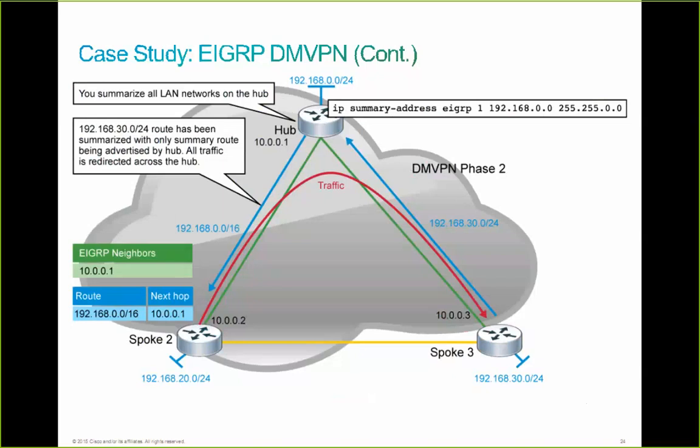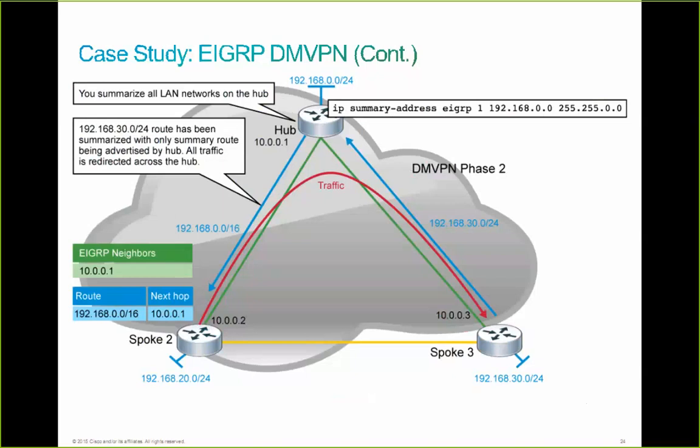All right. The hub is only going to advertise the summary networks to the spokes, but the hub is going to act as the next hop for that summarization. Now, summarization in this case helps us reduce the number of advertised routes, but now all that spoke-to-spoke traffic is flowing through the hub again, as opposed to going from spoke to spoke.